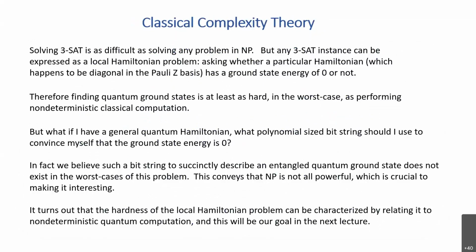Well, the way I set it up is that the Hamiltonian terms count the violations. So ground state energy 0 is the case where the formula is satisfied, at least in this mapping from 3-SAT to local Hamiltonians. It's the case where none of the constraints are violated.